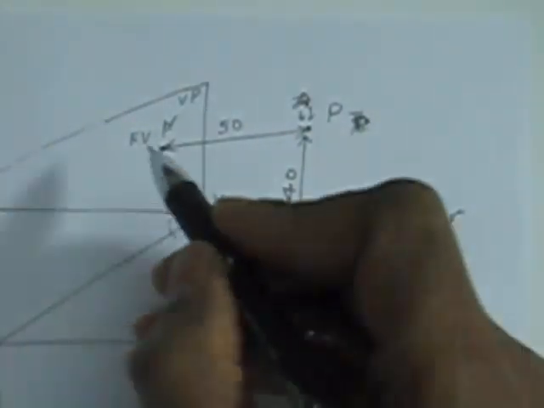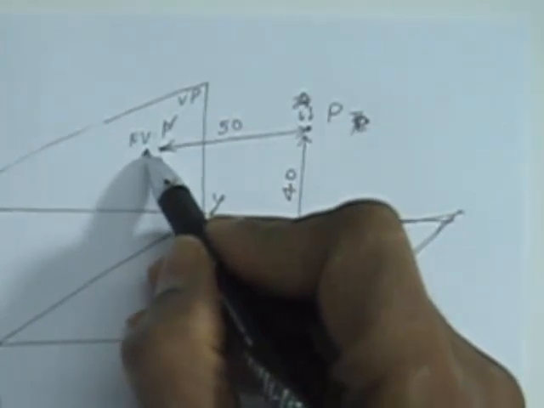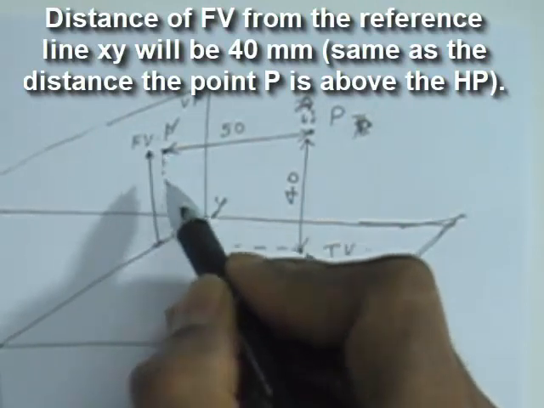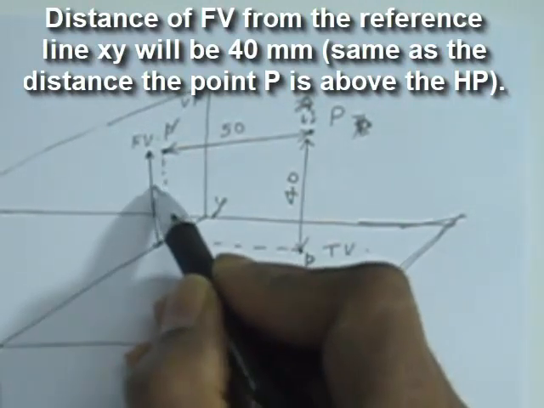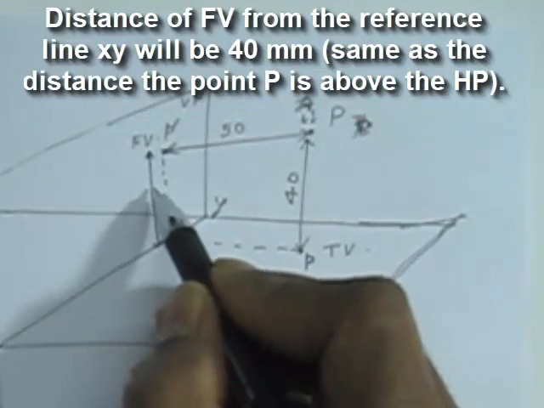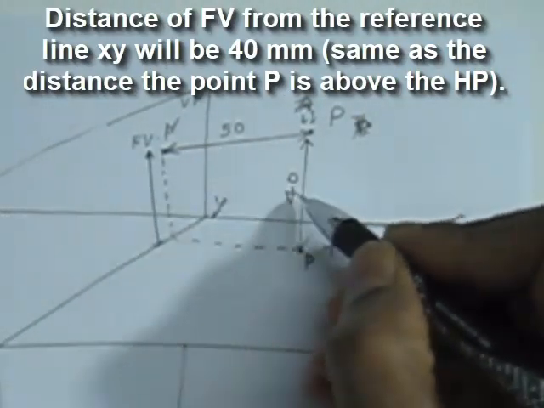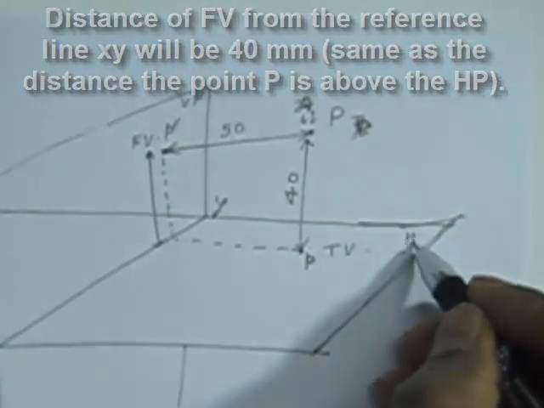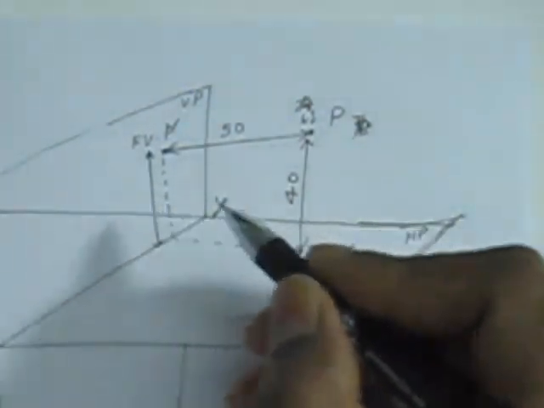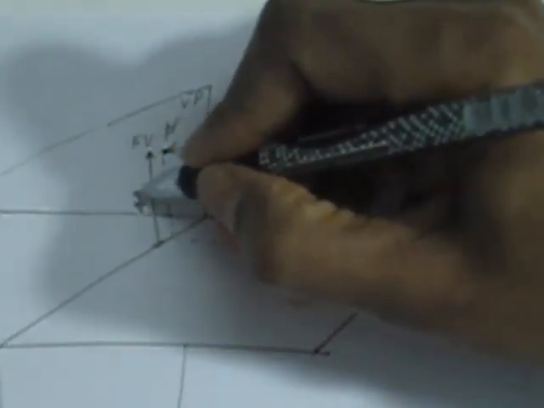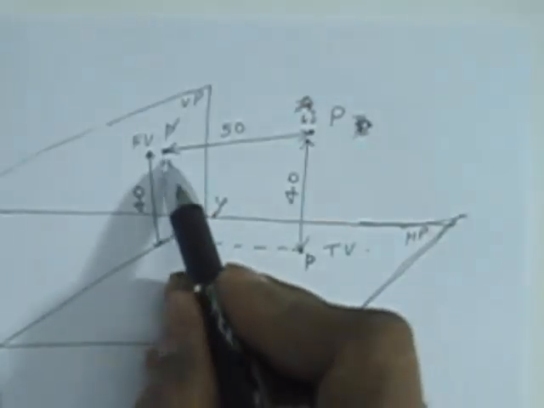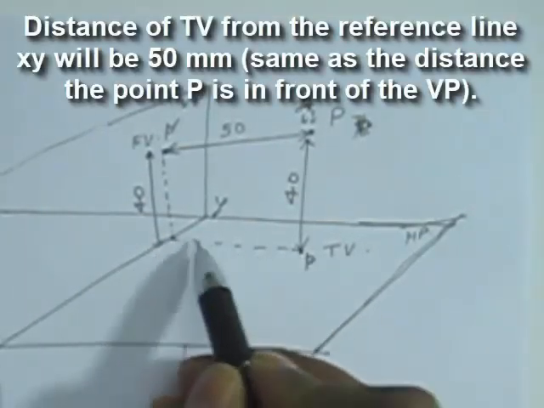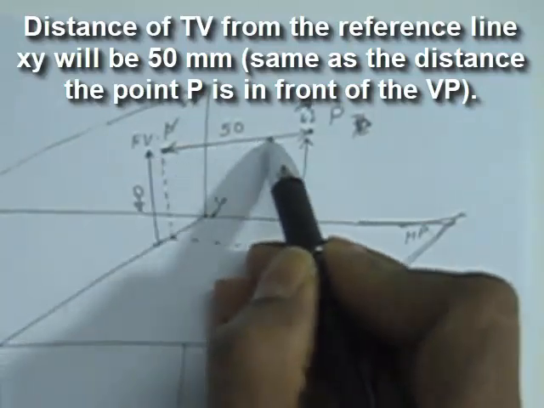The distances of the front view and the top view can be seen. So the front view will be at 40 mm from the reference line, because 40 mm is the distance the point is above HP. And the top view will be 50 mm from the reference line XY.